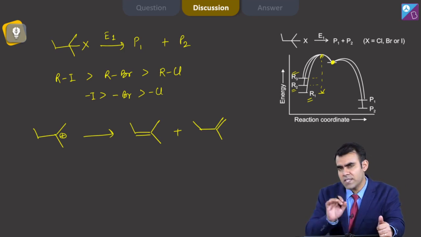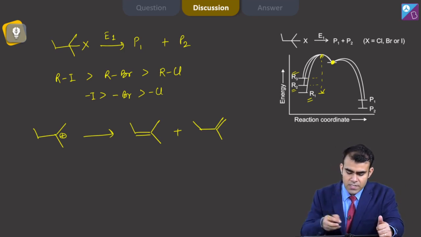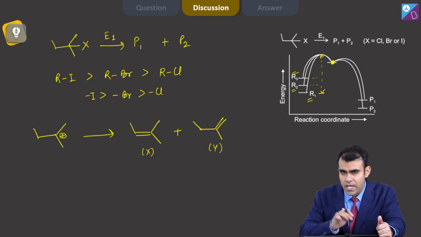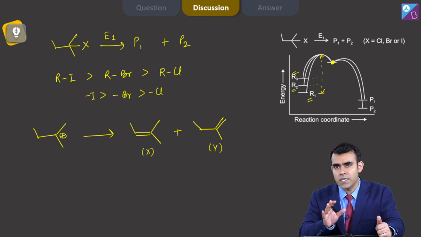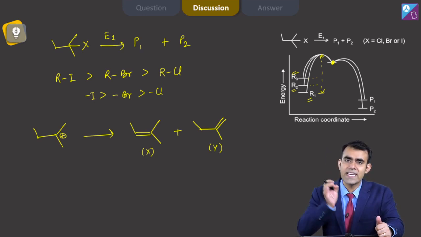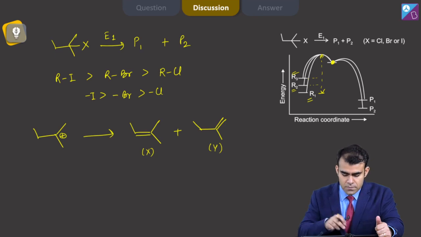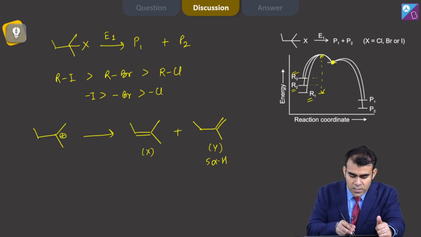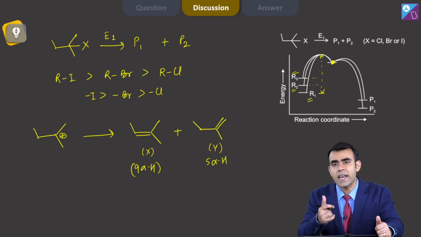Now if we talk about the stability of these two structures, let's say this is X and this is Y. This X is basically more stable because of the greater number of alpha hydrogens on the double bond, which undergo hyperconjugation. Similarly for Y, we have only 5 alpha hydrogens, and for X we have 9 alpha hydrogens, so there is more hyperconjugation, greater stability.